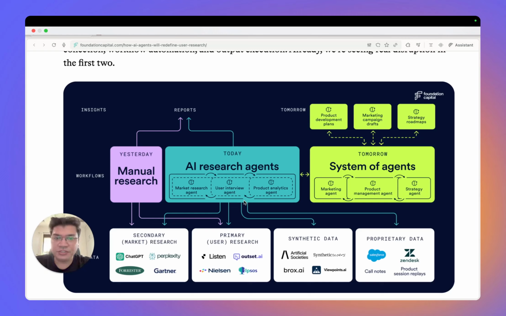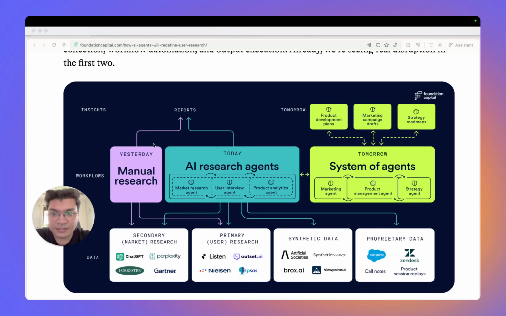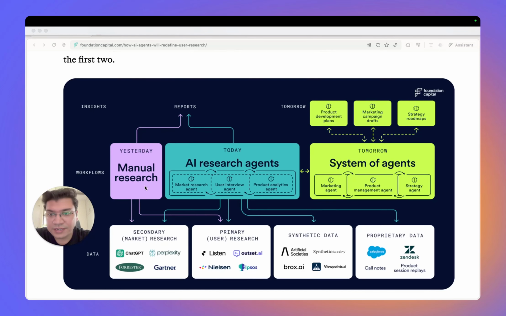And this is a very good chart that I found, where it says that yesterday it was all about manual search, right? We would do the Google search by ourselves, and it would take a lot of time. Manual search was primarily divided into two areas, primary user research and secondary market research.